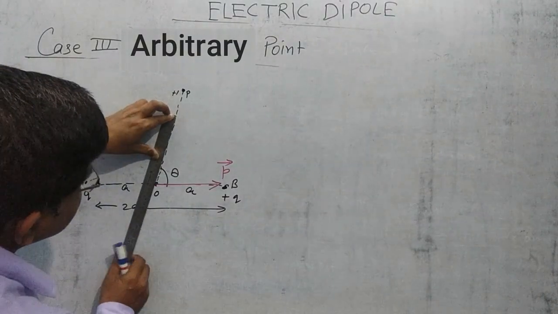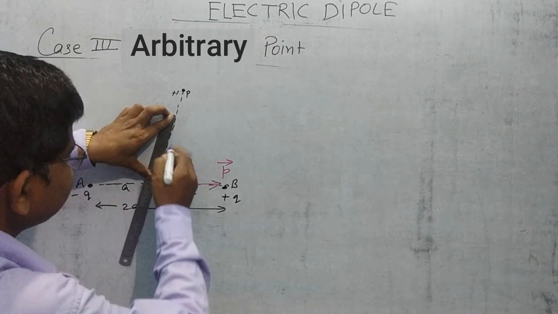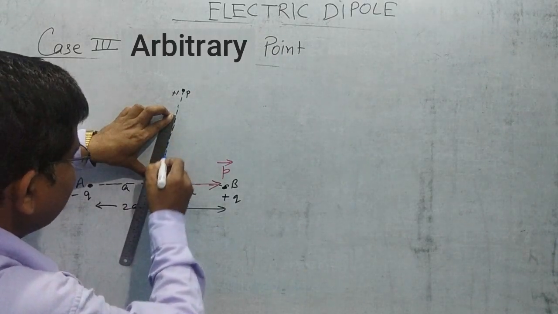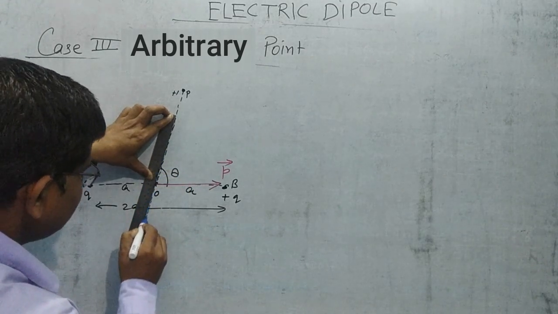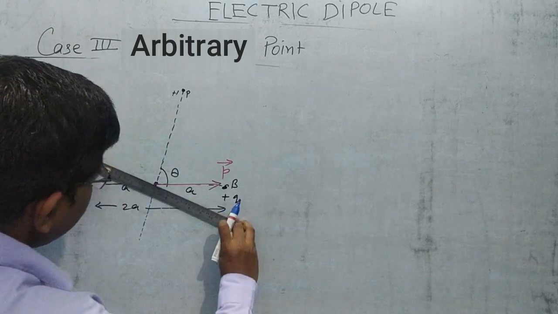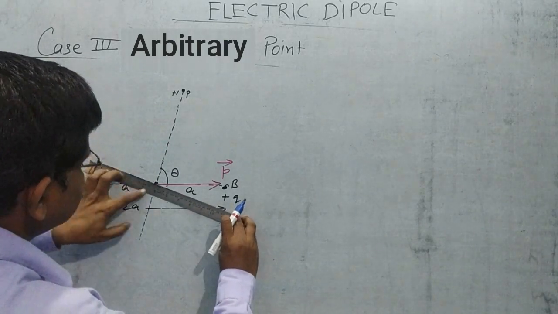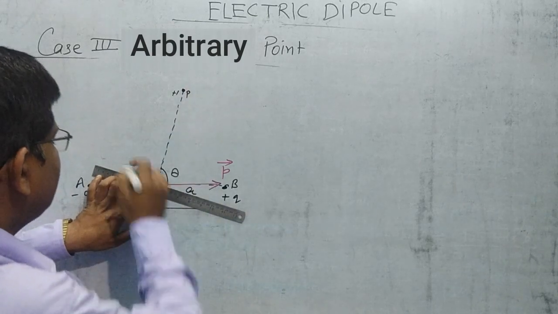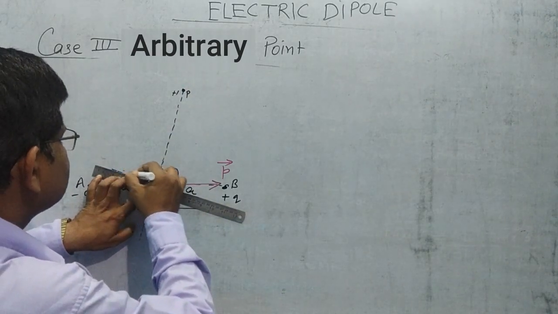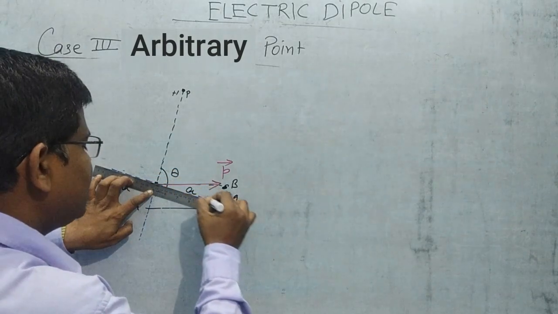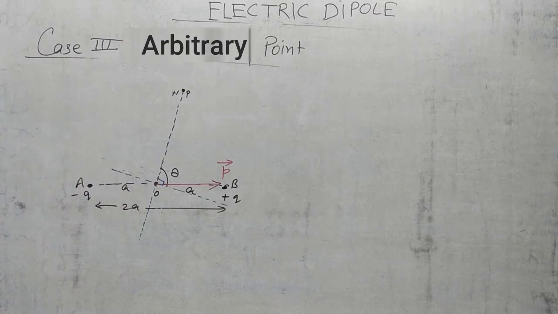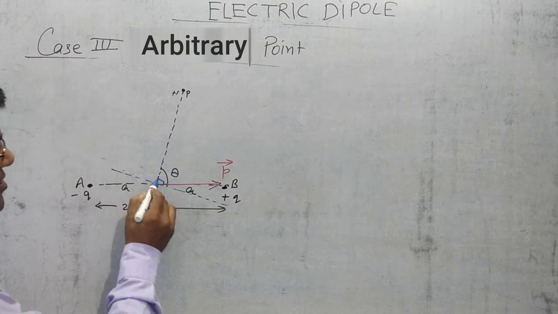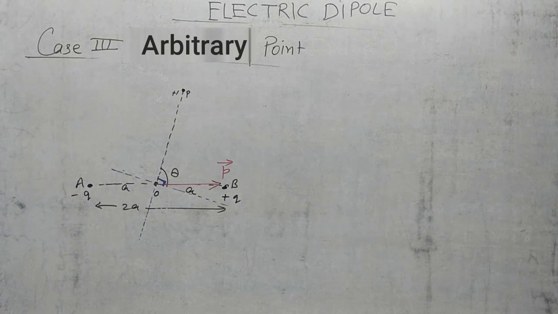One axis is along this way, and another axis is perpendicular to it, in the perpendicular direction, and the angle between these two axes is 90 degrees.